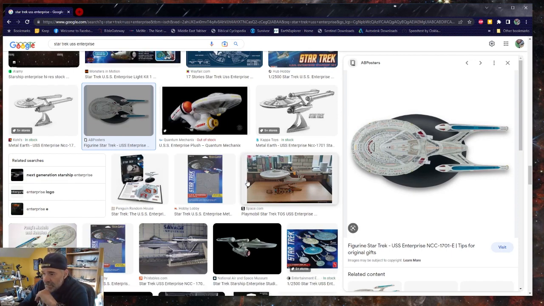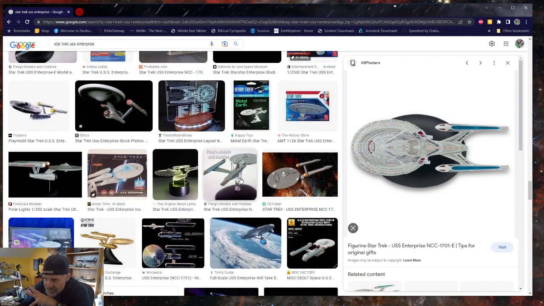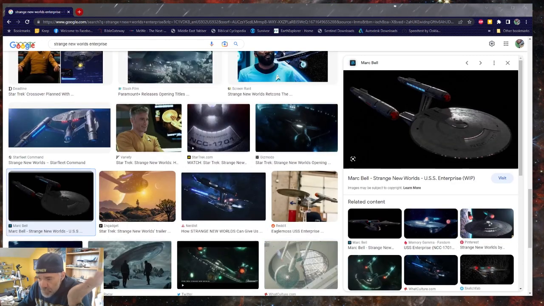Okay, now in Strange New Worlds, see if I can find one of those. In Strange New Worlds, new models are coming out that people are building, and they're painting them relatively silver with Aztec painting, Aztec patterns. All right, to bring out the variations in the colors of each metal panel that's in the ship.